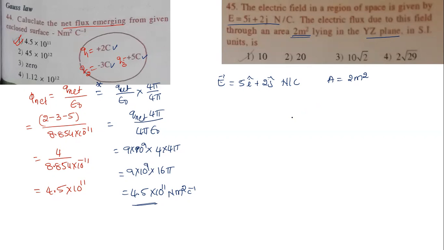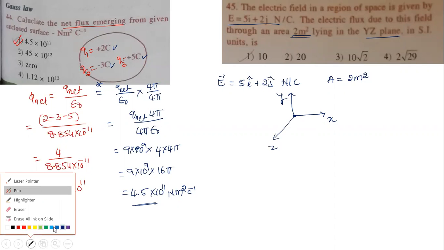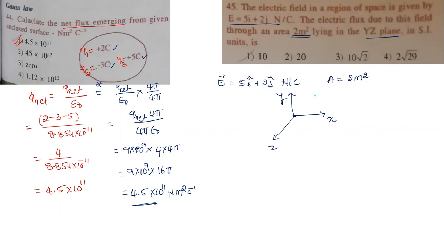If I draw a diagram here, look at this, this is the x-axis, this is the y-axis, and there is the z-axis. Now this plate, we are going to keep it in this plane, the YZ plane.